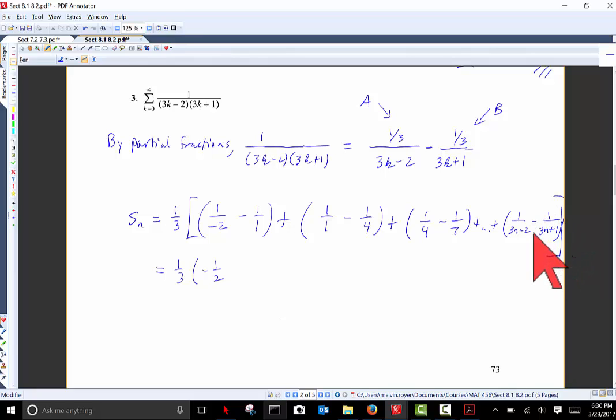And this very last term also does not have a partner. That's 1 over 3n plus 1. By the way, this series is called a telescoping series, when you have successive terms canceling each other and you just get the first and last terms surviving.